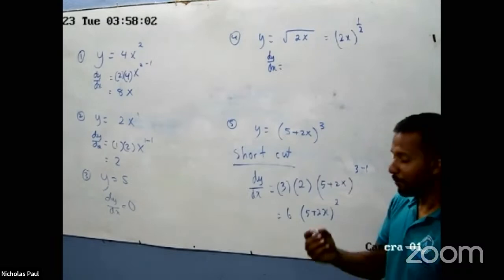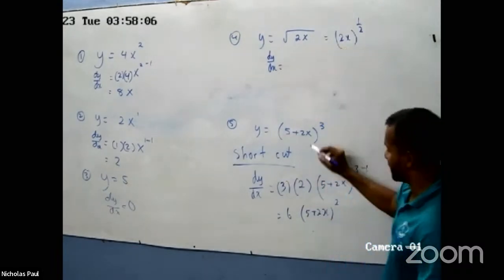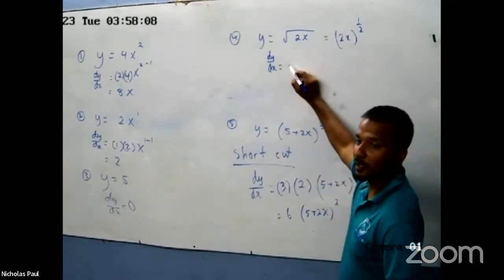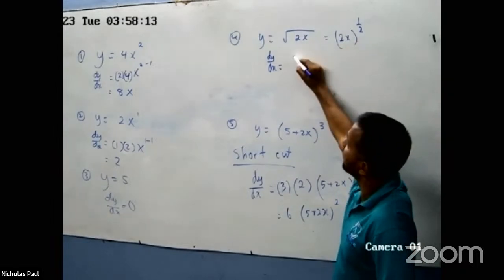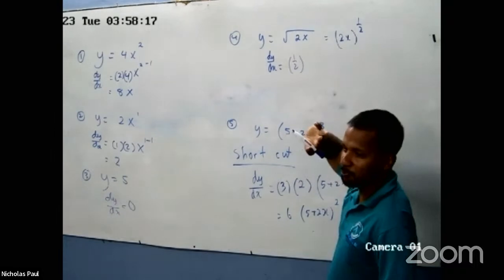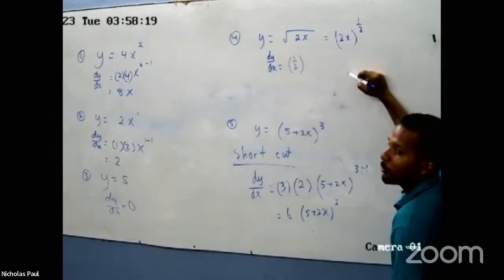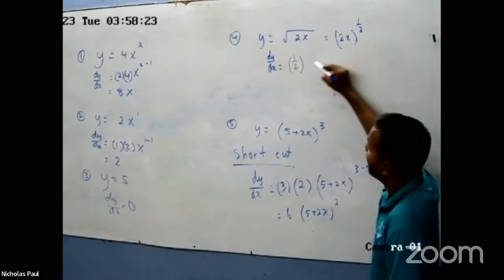Help me differentiate this, please. Just follow the steps. Step 1 is what? So the power comes down. What's the next step? What's the differential? 2x. Nice.